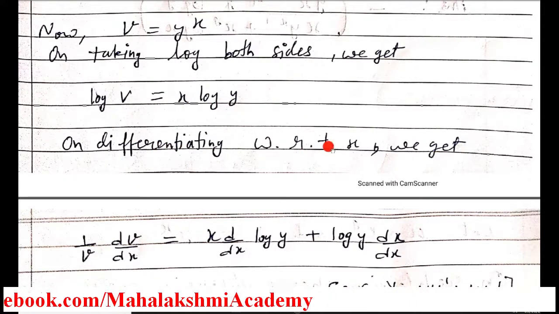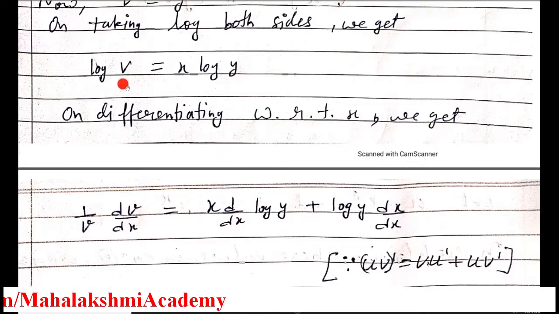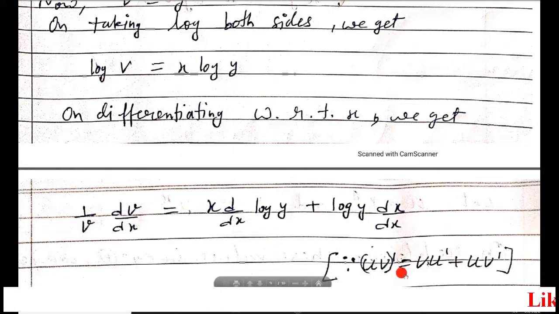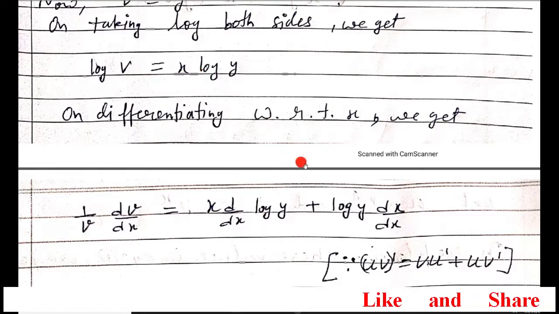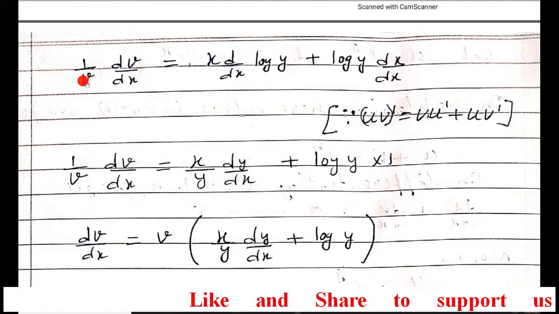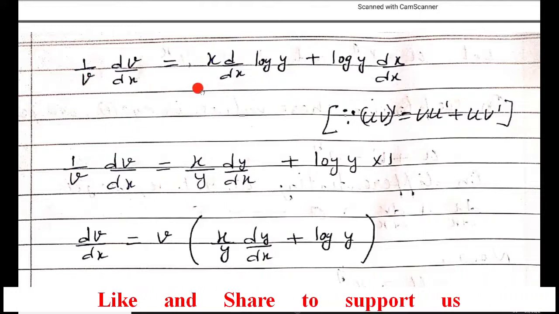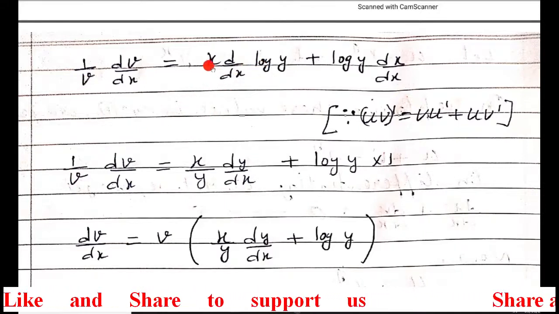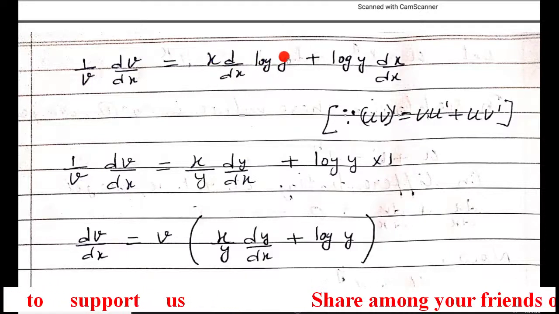Now differentiate it with respect to x. So when you differentiate, differentiation of this is 1 upon v, then use the chain rule. Now for differentiation of this, use the u dot v formula. So first x as it is, then log y differentiation, then log y as it is, then x differentiation. Now this term as it is. Now when you differentiate it, this x will come as it is, and log y differentiation is 1 upon y.